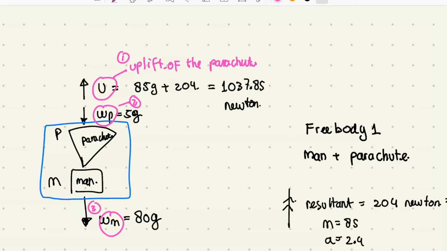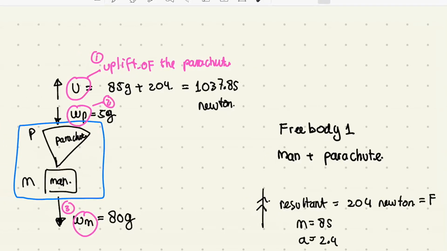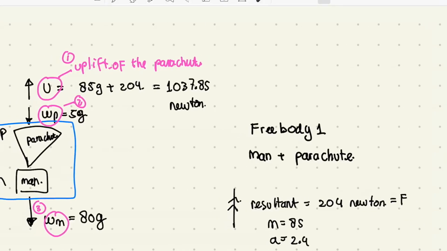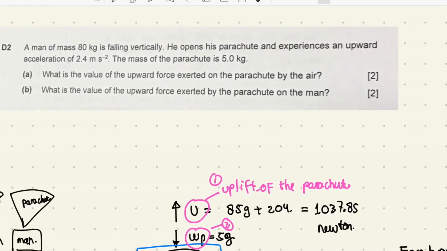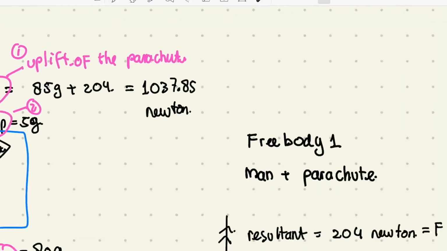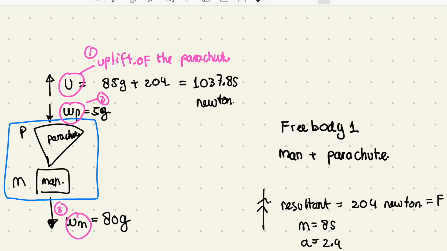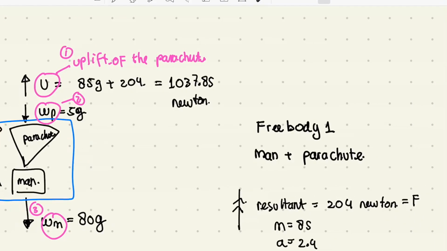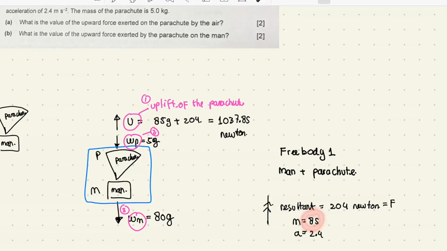They mention the mass of the parachute, which is 5 kg, and the mass of the man is 80. The one that we do not know is the uplift. So we are trying to calculate the uplift, even though they don't ask, because we needed to find the second. They ask for question A, upward force. That means they ask for U. They give the mass 85, no problem.